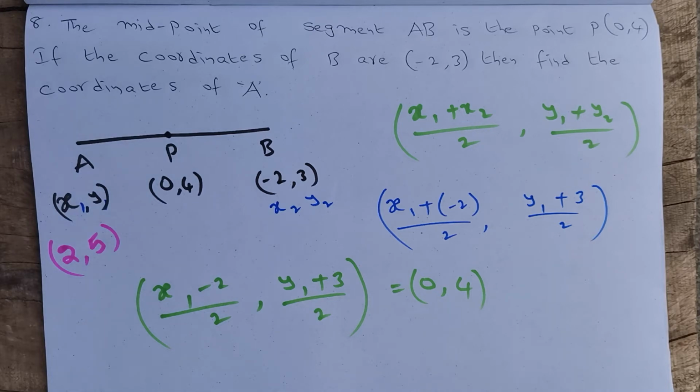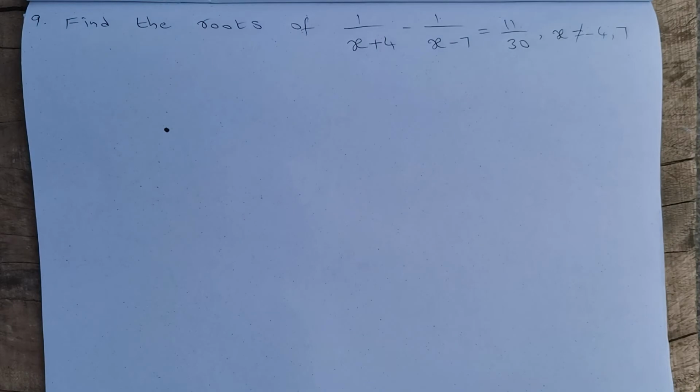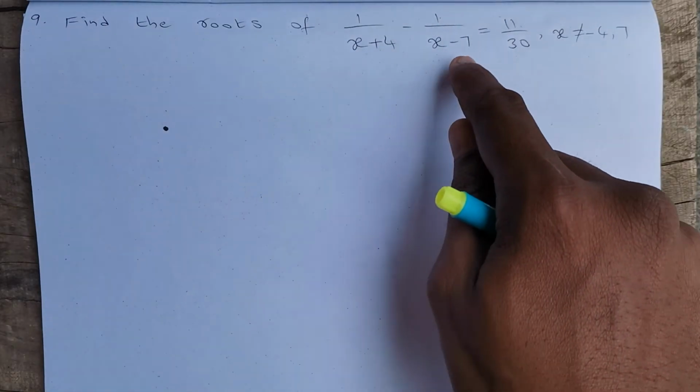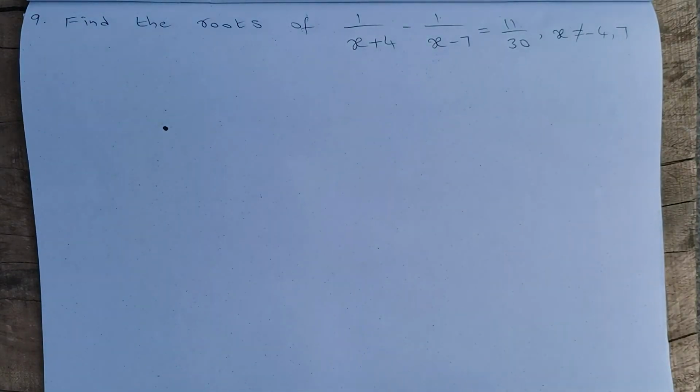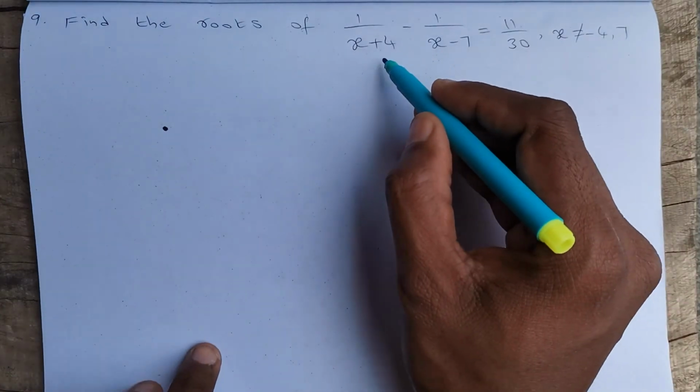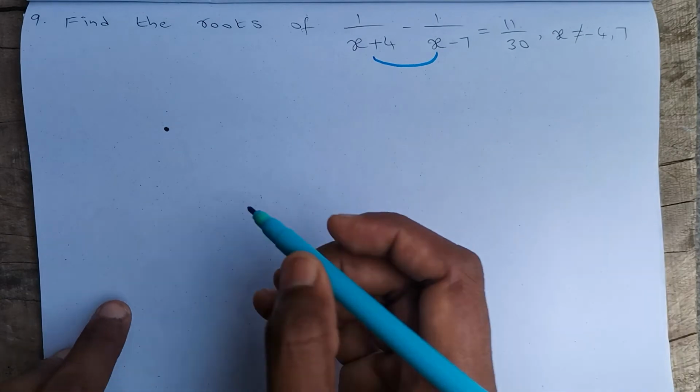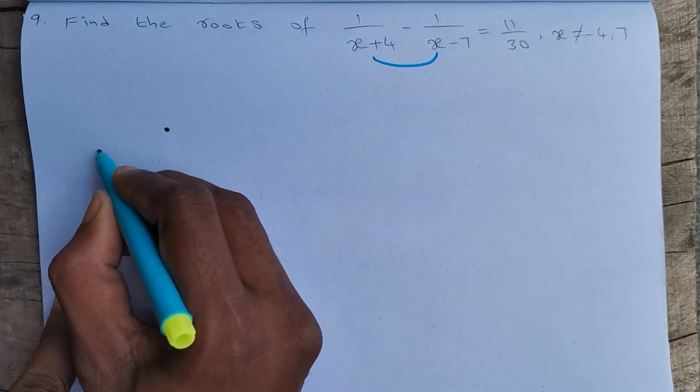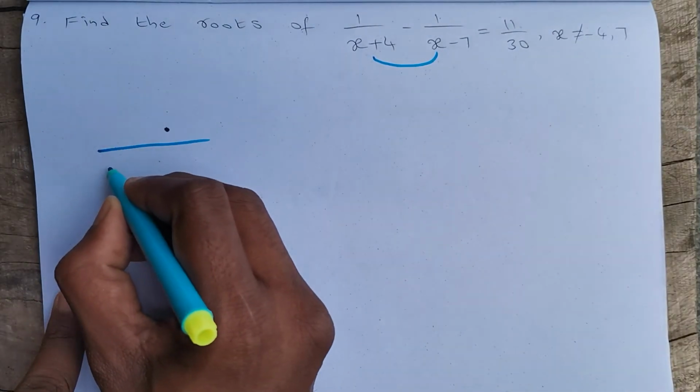Okay, now let us move to question number 9. Find the roots of 1 by (x plus 4) minus 1 by (x minus 7) equals 11 by 30. Here both the denominators are different, so I am going to go with cross multiplication. Simply multiply both the denominators, that is (x plus 4) into (x minus 7).